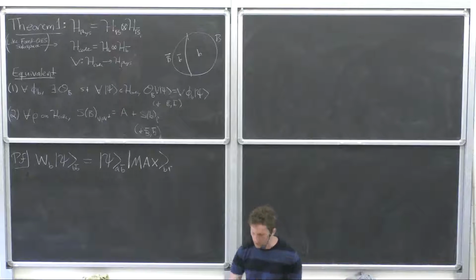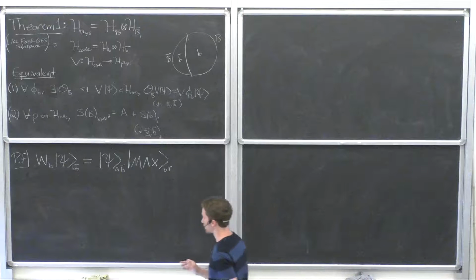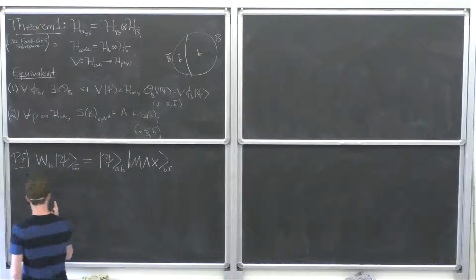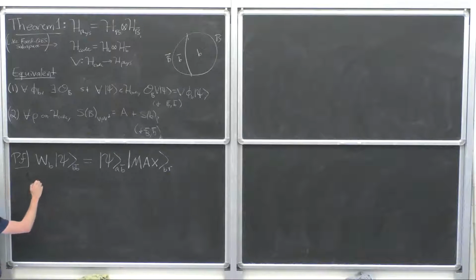Okay, so the main tool of the proof we introduced last time, and then we stopped. So the main tool was that there's this operator that acts on little b that does the following in general.